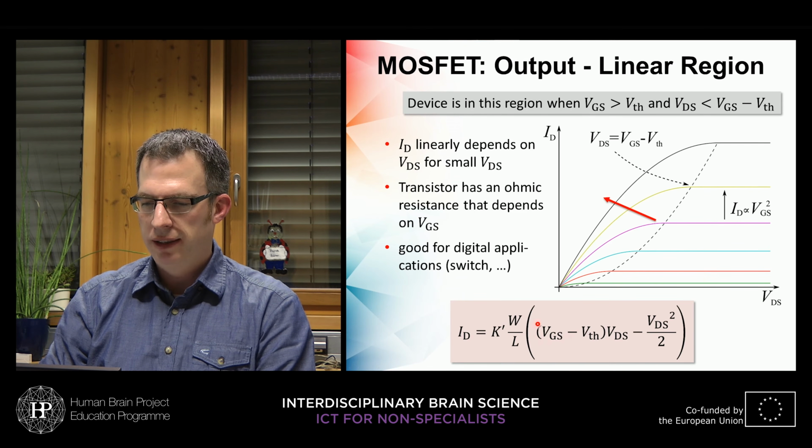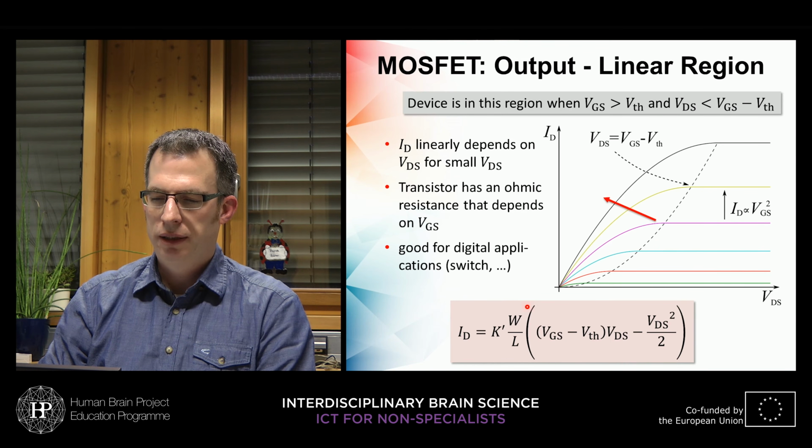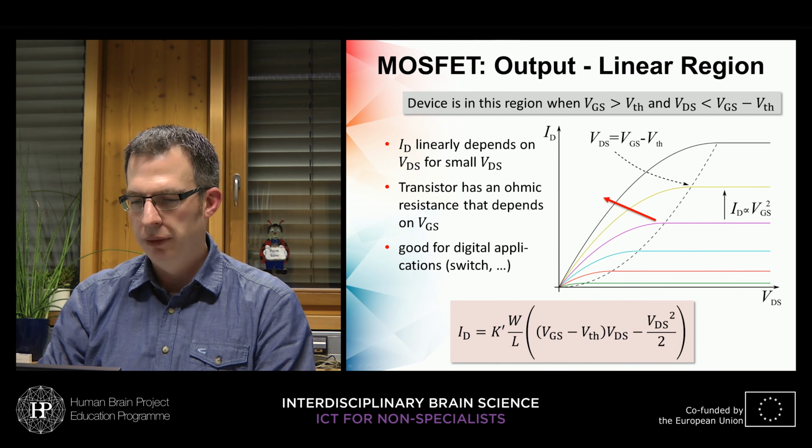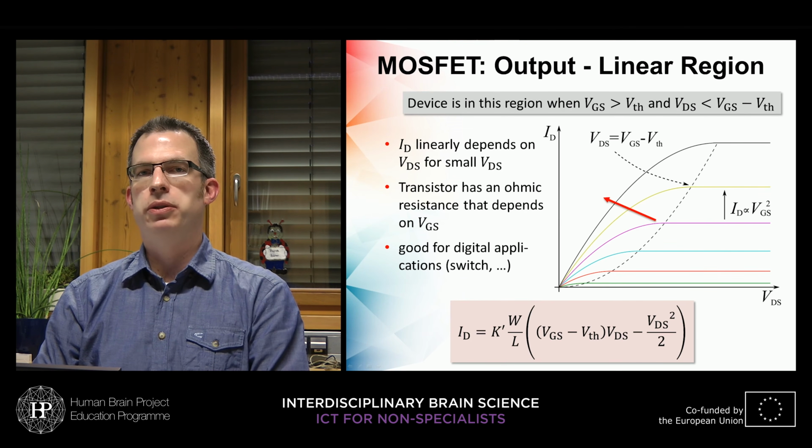What you can control as a designer are all the voltages, obviously, but the threshold voltage is also a device parameter, and the ratio of width over length of the transistor. The K cannot be controlled. Right, so that's the linear region where the drain current linearly depends on the drain to source voltage.